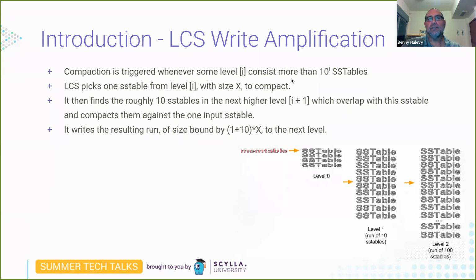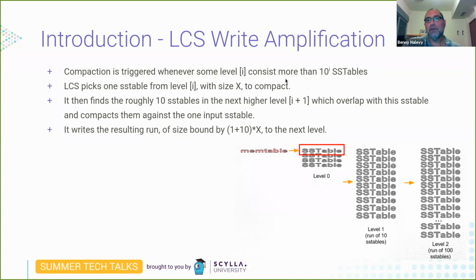And then it compacts them together against the one input SSTable, and it writes the resulting run, whose size is bound by 11x. This is the one SSTable that we compacted from level I, plus the 10 SSTables from level I+1, times the size of the fragment, which is x. We write the resulting run to the next level.